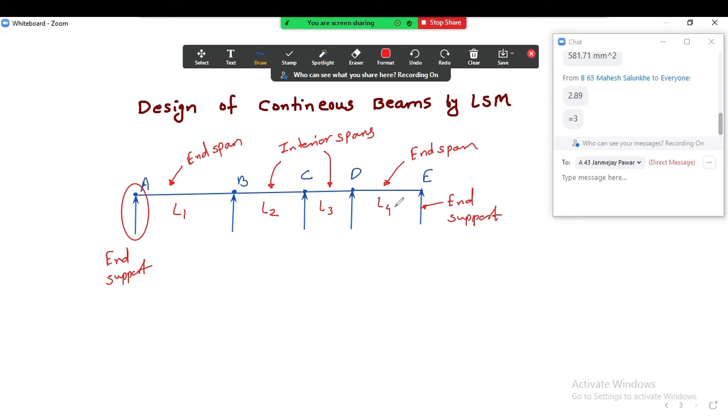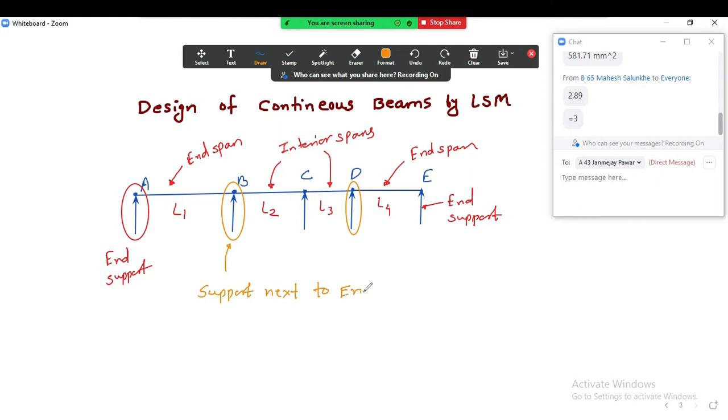And the supports at B and D, this is your point B and this is your point D, the support at these points is called the support next to end support.